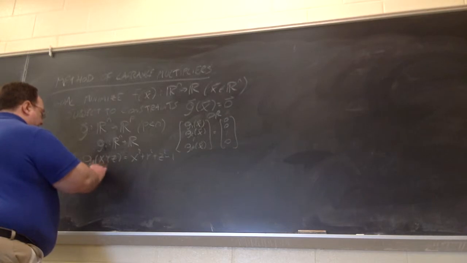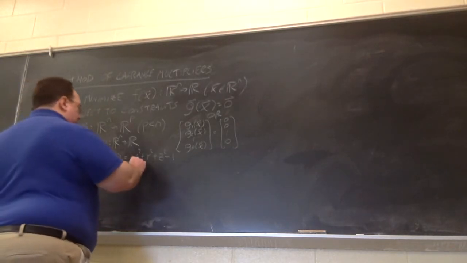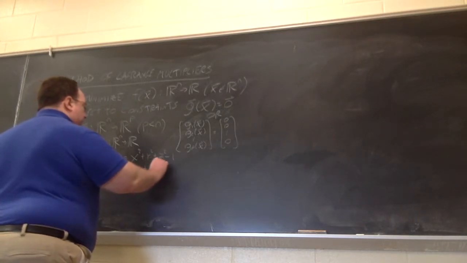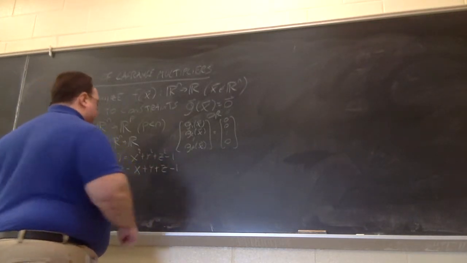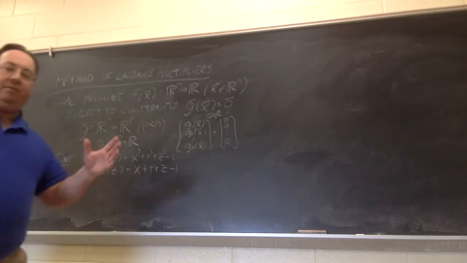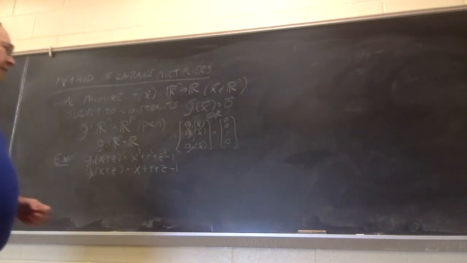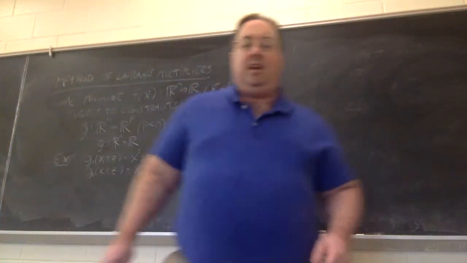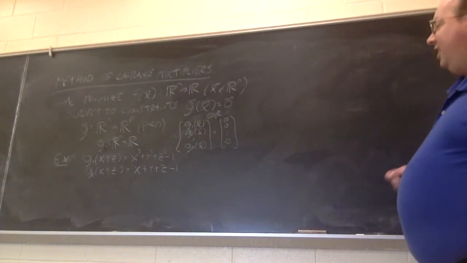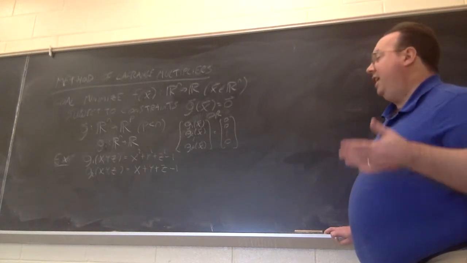Now make up another constraint. It'll just be x plus y plus z minus 1, which must also be equal to 0. The solution set of that constraint is a plane. So we have a unit sphere, and a plane cutting through it. The set of all points x, y, z that satisfy both constraints is the intersection of the unit sphere and this plane.